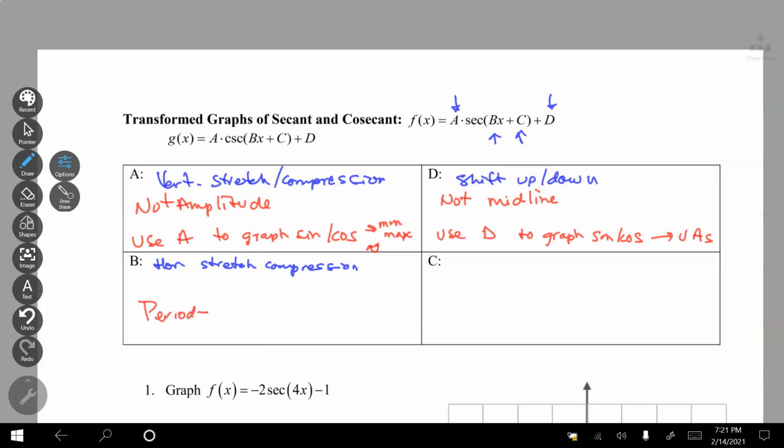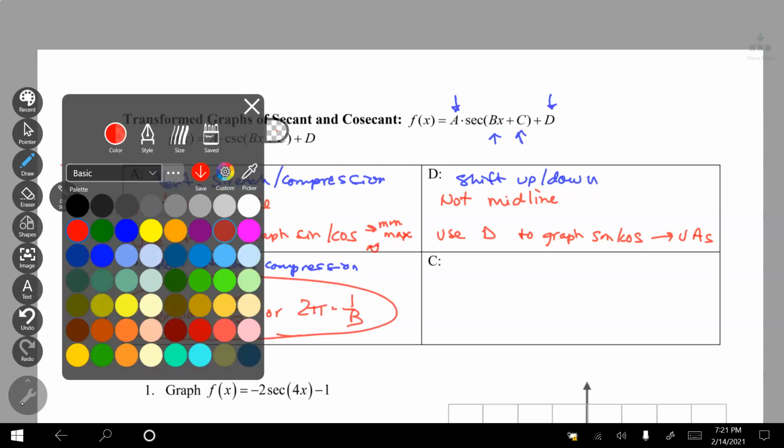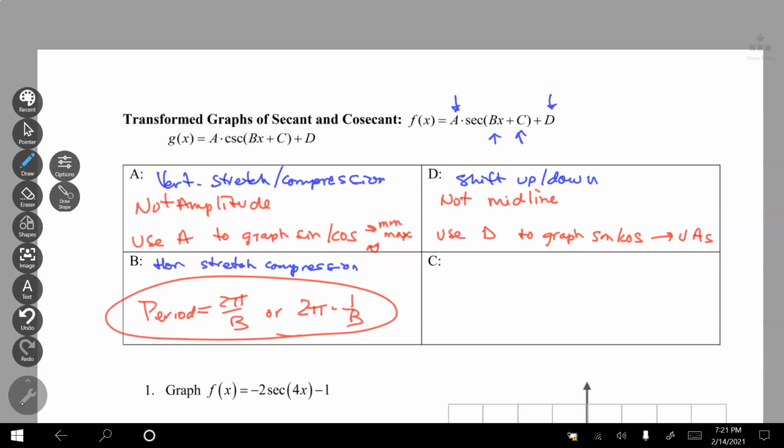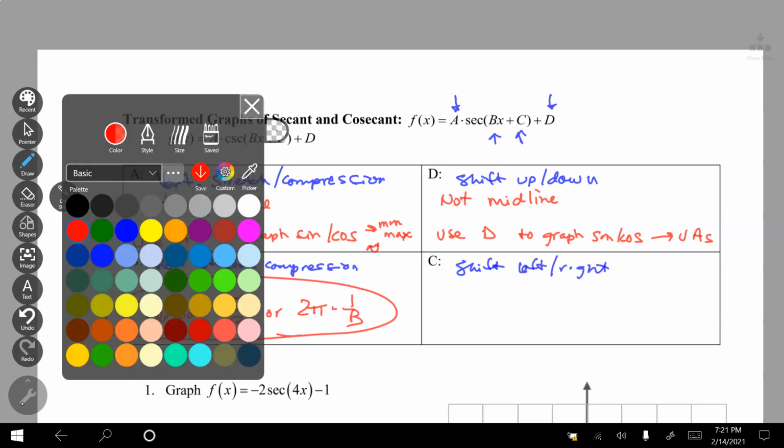Period equals 2 pi over b, or 2 pi times 1 over b. And C is a shift left or right. And I will use my phase shift is equal to negative c over b, or negative c times 1 over b, whichever you prefer.